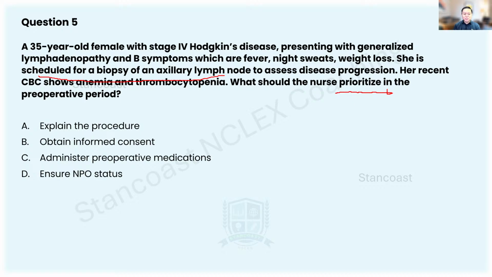Ask them, do they understand the procedure? Do they know the risk and the benefits? Did they get a proper explanation from the surgeon? If the patient will say, no, I did not get a clear description of what this procedure is, I did not get any explanation about the risk and the benefits, then yes, this patient will definitely need clarification.